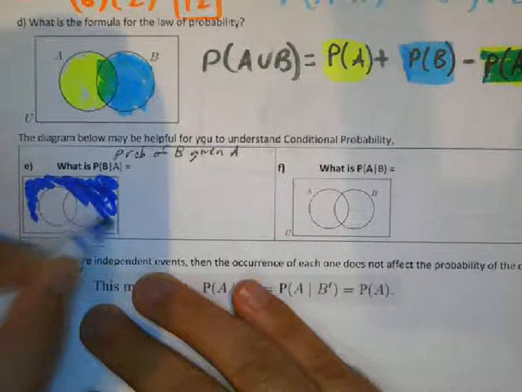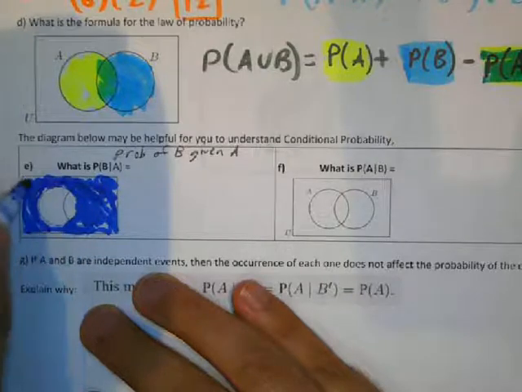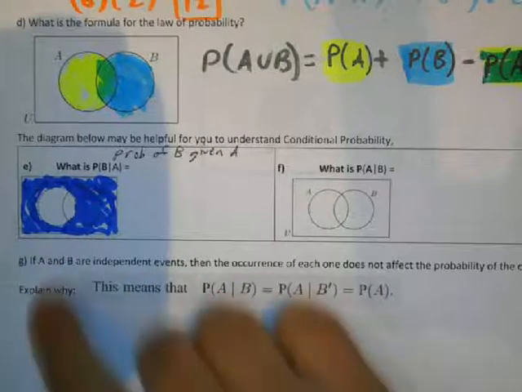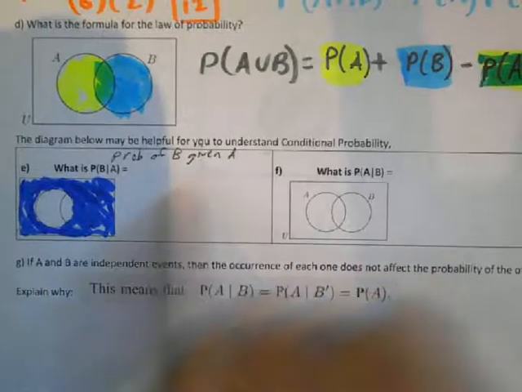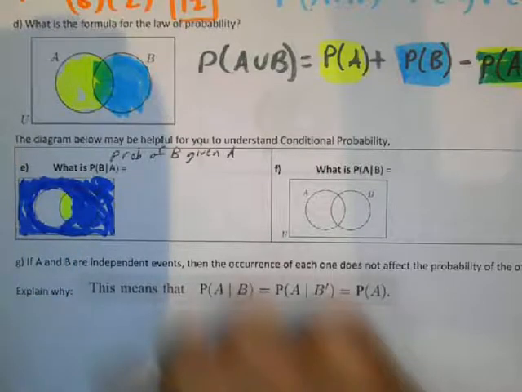Okay? So everything that's in blue is not in our world. Okay, we're only looking inside the white circle space. Okay? So if we're only looking there, what is the probability of getting B? So B is this yellow region right there inside A.